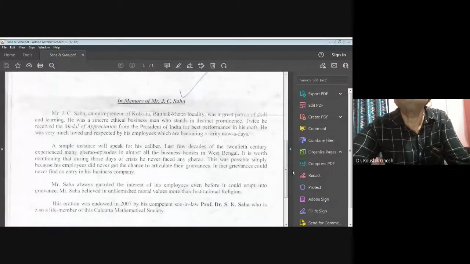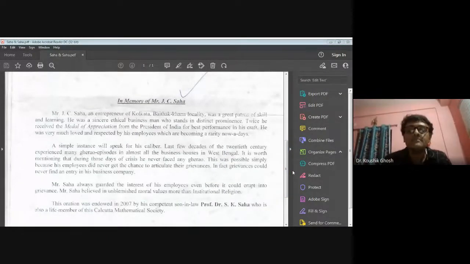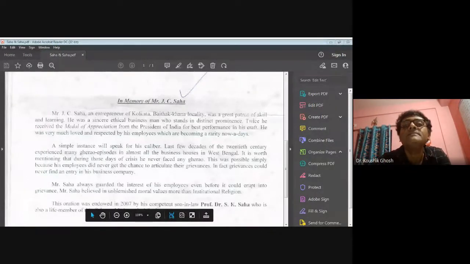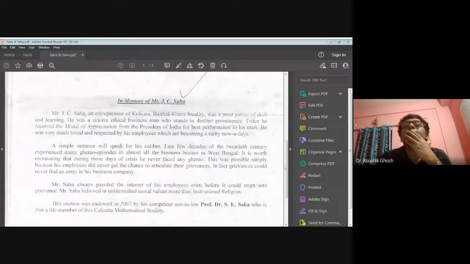This lecture will be delivered by Professor Luis Manuel Sanchez Ruiz from the Polytechnic University of Valencia, Spain. The title of the talk is Recent Approaches to Continuous Assessment of Mathematical Competencies. This session will be chaired by Professor Sanjeev Kumar Datta, one of the vice presidents of our Calcutta Mathematical Society. So I request Professor Datta to start this session.